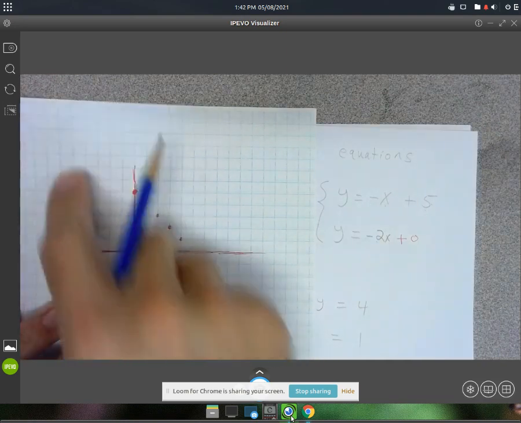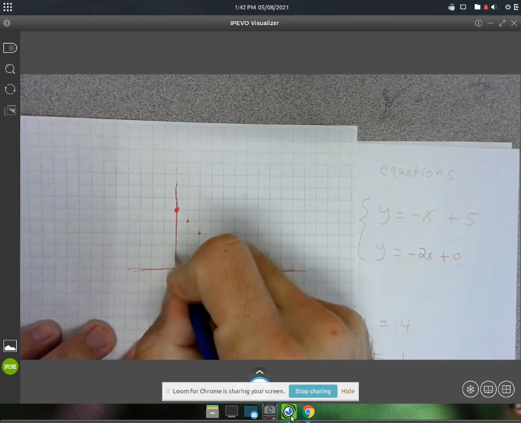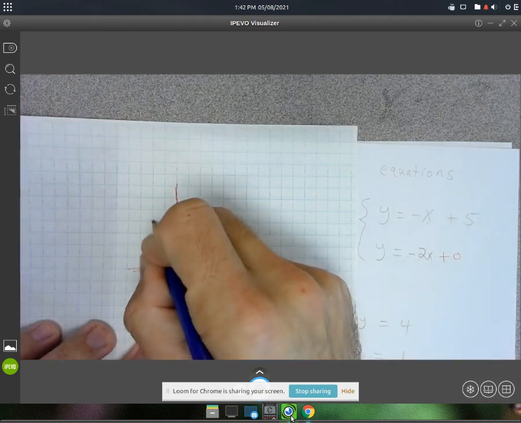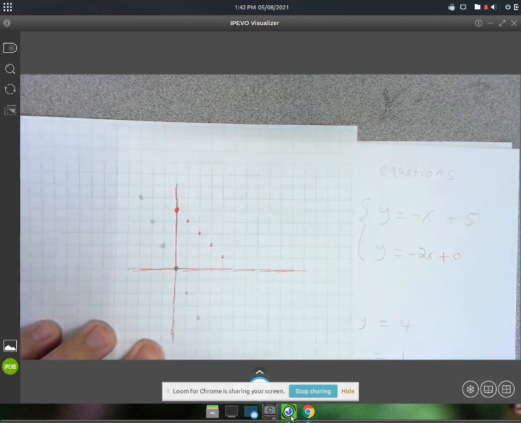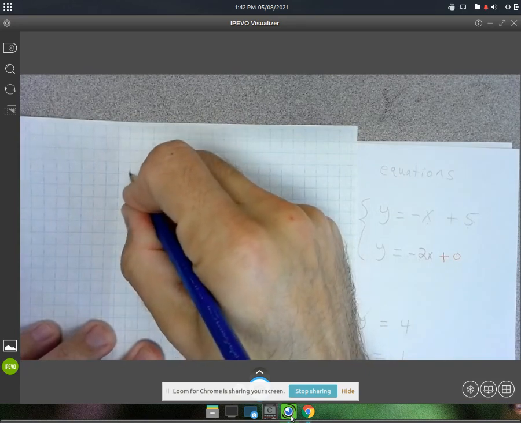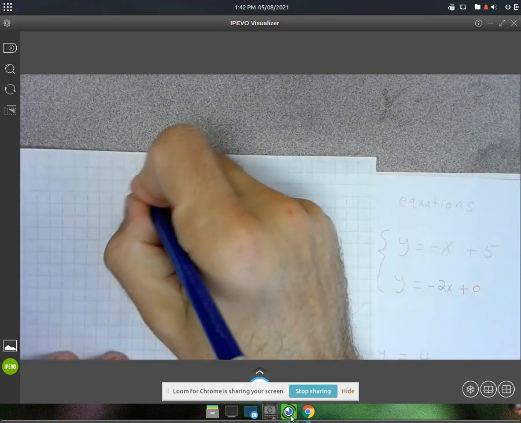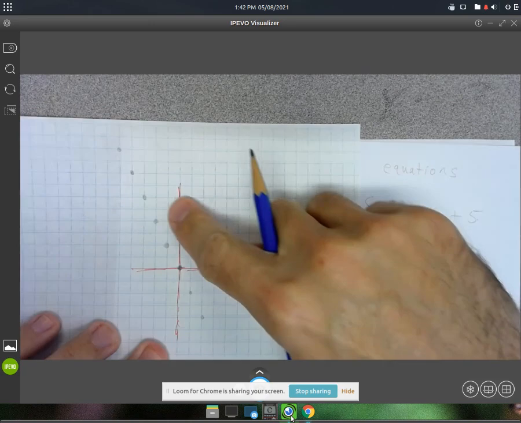It looks like they're going to intersect in the top left-hand corner somewhere. So continue the pattern: up 2 over 1, up 2 over 1, up 2 over 1. You kind of have to judge for yourself where these two are going to cross eventually, or you can just keep plotting points and hope for the best. Yeah, that should do it. It looks like this one's going to eventually run into it.